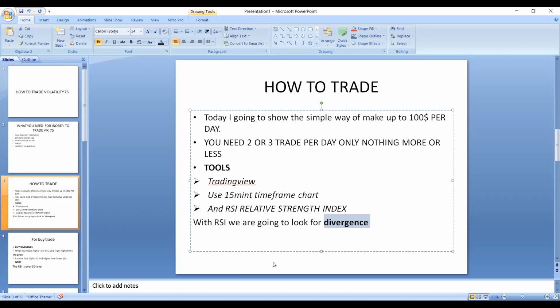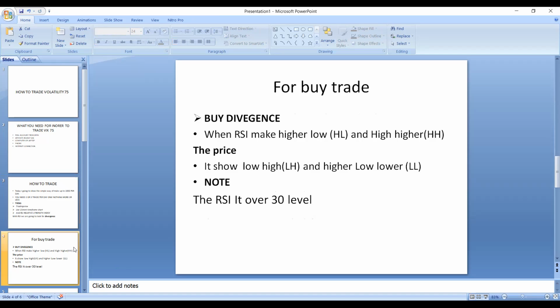So we are going to look for the buy option. For the buy option, we buy when the RSI shows higher lows and higher highs, while the price shows lower highs and lower lows.